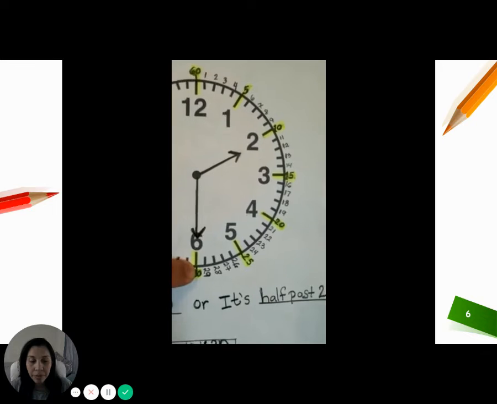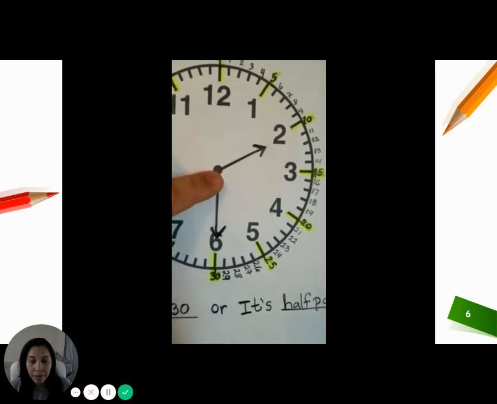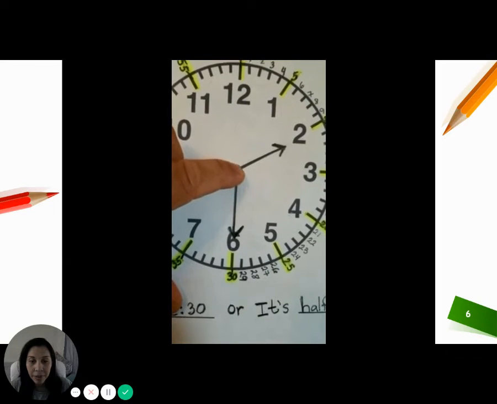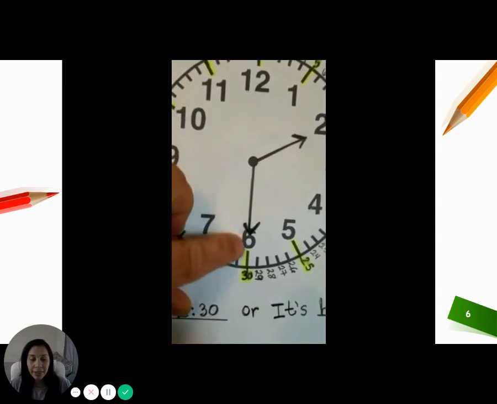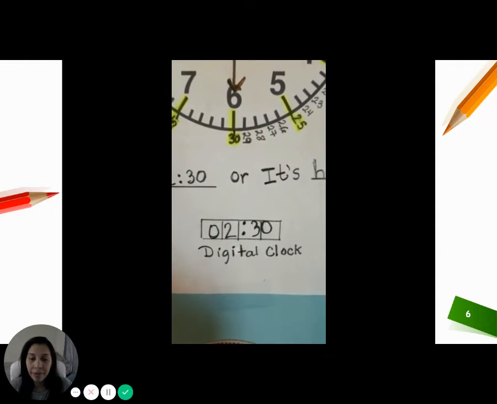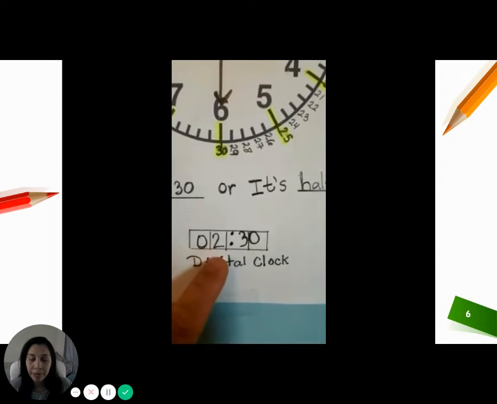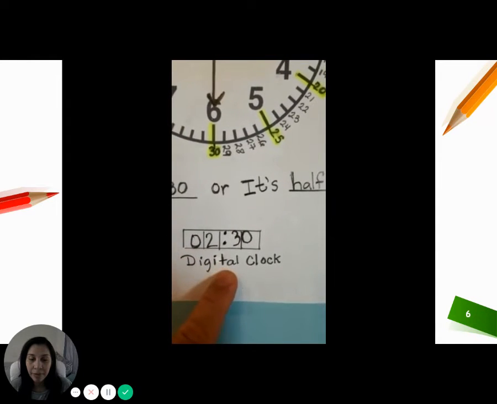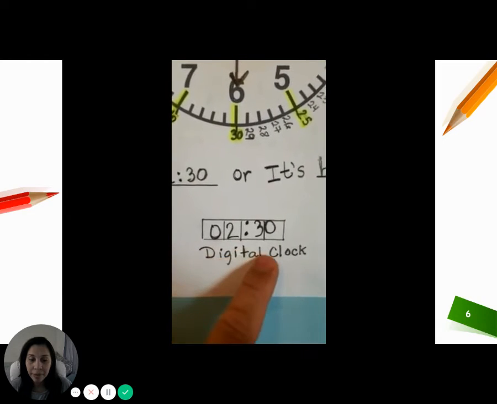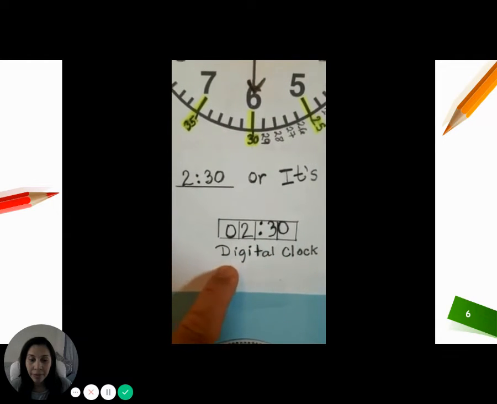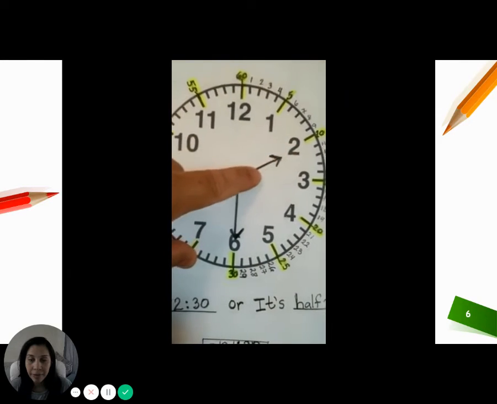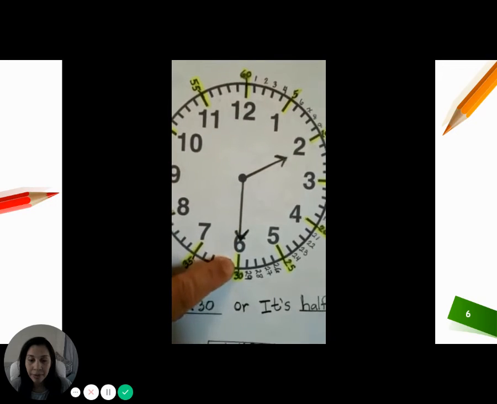So it's 2:30. And remember, the short hand shows the hour. This is the hour hand, and this is the minute hand. We represent 2:30 with numbers when we use the digital clock. This way it's easier to read the time. 2:30.